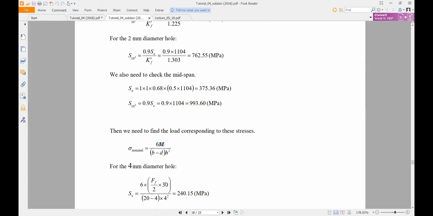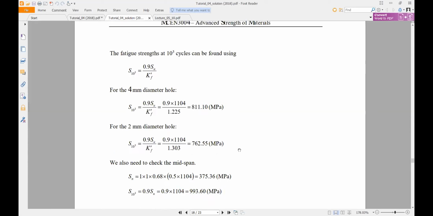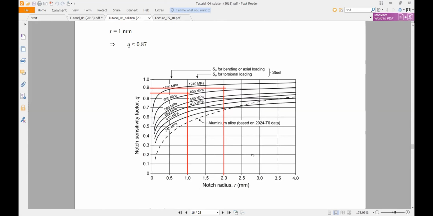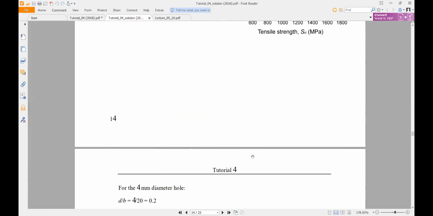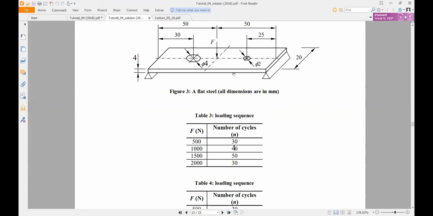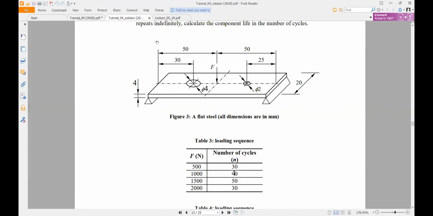Capital F over 2 is the reaction at the supporting point, so this is the distance. I think the length of the plate is 60, I don't know. If the load is F, this is a reaction. At the mid-span, this is F upon 2, this is the length, and this is the bending moment. Okay. Right? Good.